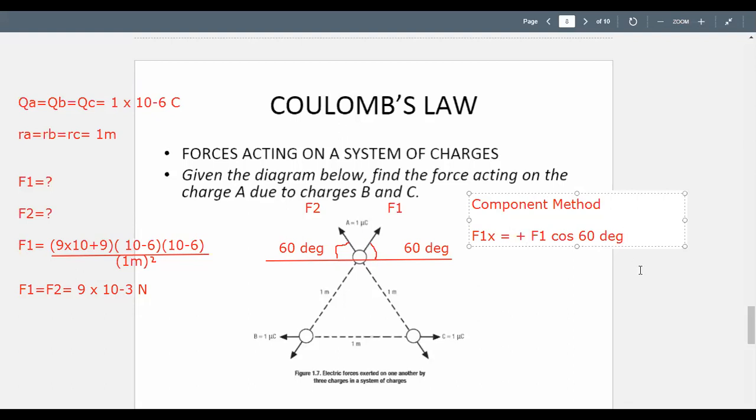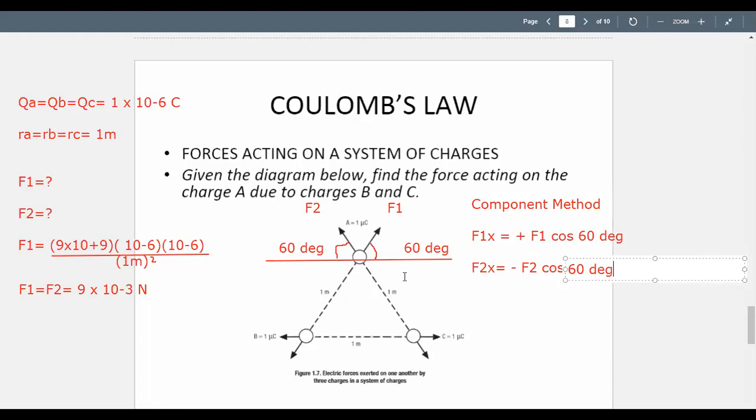So these are the forces on the x-axis. Then we can also have F2x, which is of course negative this time because it is going left. So F2 cosine of 60 degrees, negative because of its direction. Now, if they have the same magnitude and the same angle, then most likely they have the same answer.